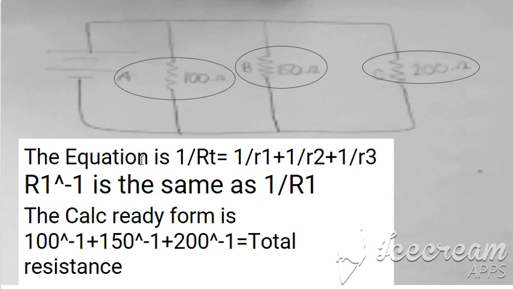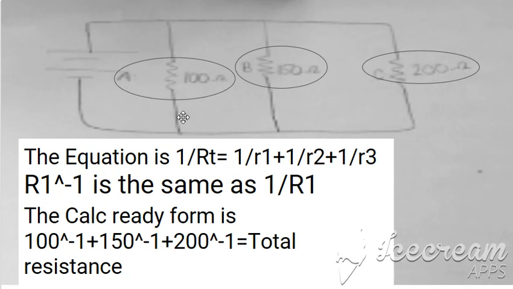This equation has 1 over the total resistance equals 1 over the first resistor plus 1 over the second resistor plus 1 over the third resistor. Or you can do it as the same thing: take each resistor and put it to the -1 power.